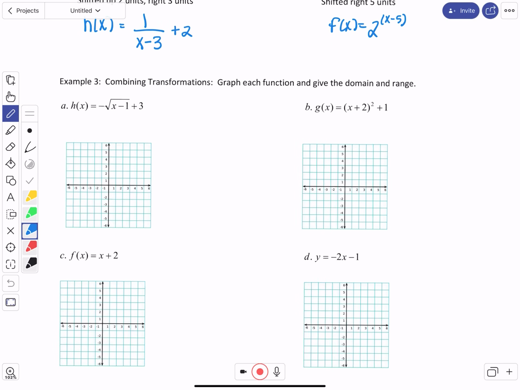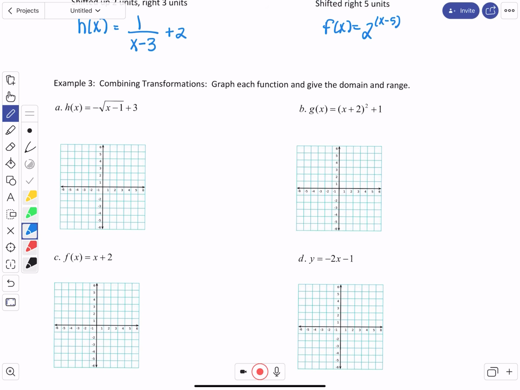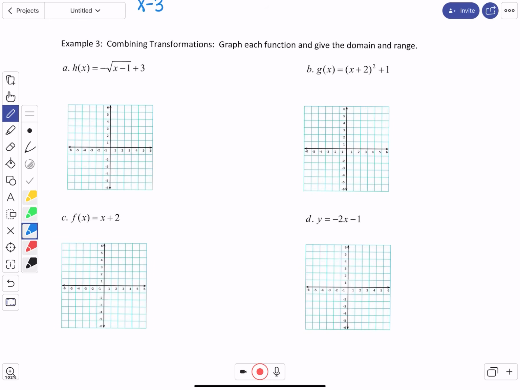Okay. Combining transformations. So this is like what we did just a second ago, except we've got more than one thing going on. And I've thrown some more in here besides just square roots. Now, I'm going to start off with a square root. So let's go ahead and put in the parent function. Now let's go ahead and write down what we're doing.